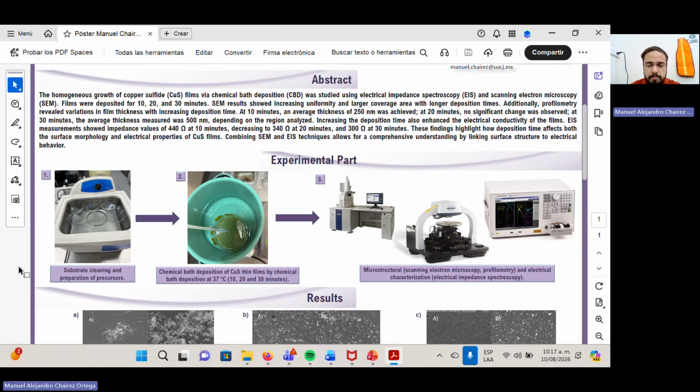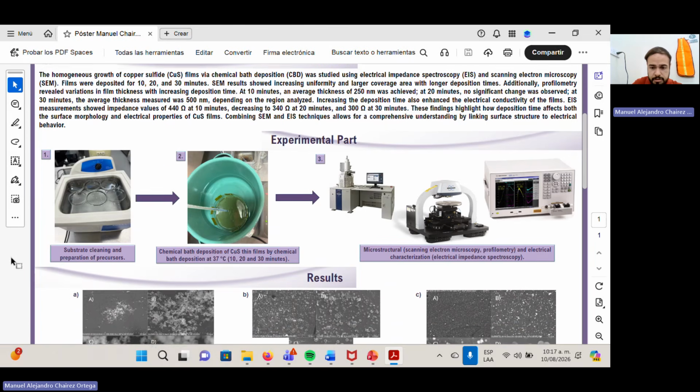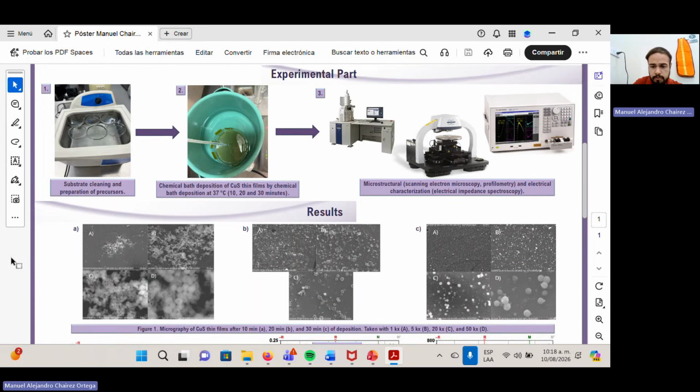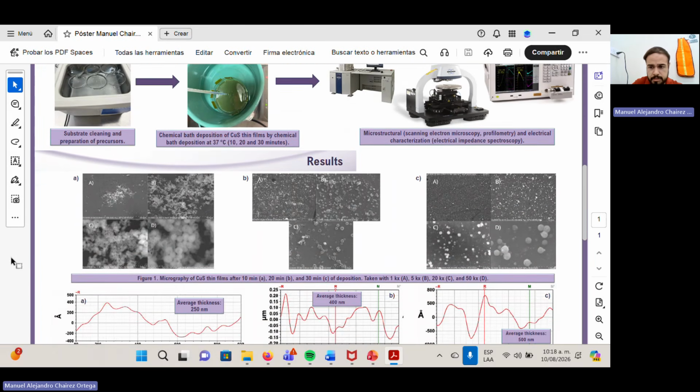Then the thin films were characterized with scanning electron microscopy, profilometry, and electrical impedance spectroscopy. The results showed for SEM images that we obtained a non-homogeneous deposition after 10 minutes.